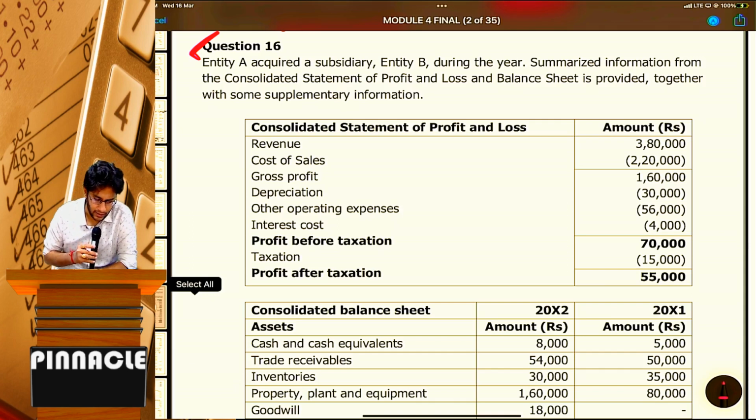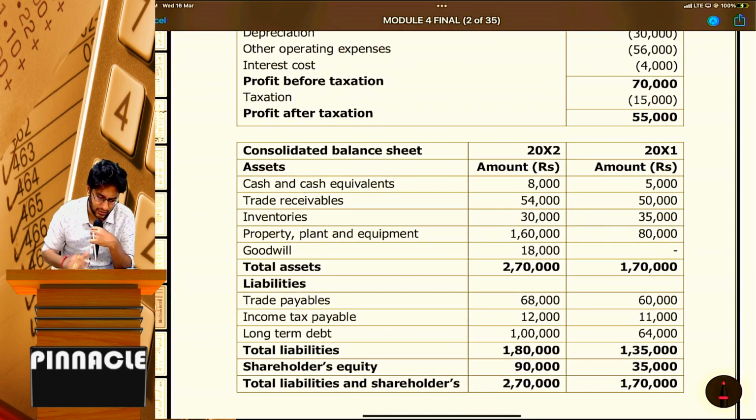So what is there in the P&L? Let's see. Revenue 3,80,000 is there. Cost of sales 220 is there. Gross profit, depreciation, other operating expenses, interest cost, PBT, taxation. Consolidated balance sheet, last year and current year: cash, trade receivables, inventory, PPE, goodwill, trade payables, income tax payable, long-term debt, and shareholders' equity.